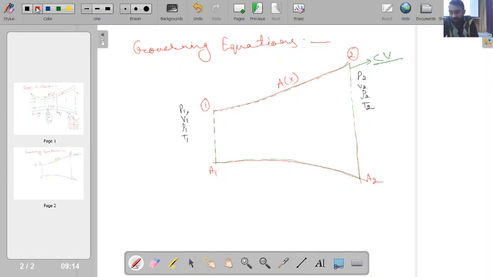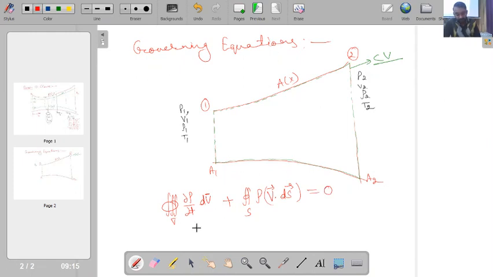The integral form of the continuity equation is the volume integral of del rho by del t, plus the surface integral of rho V vector dot dS vector, equal to 0.